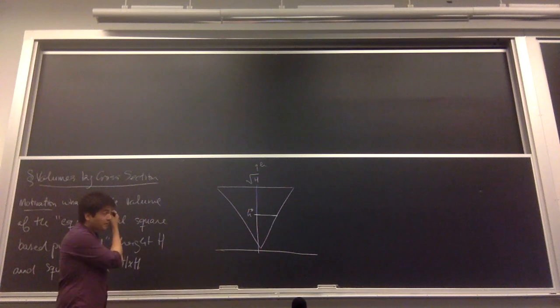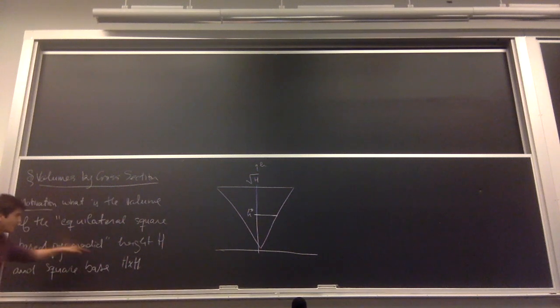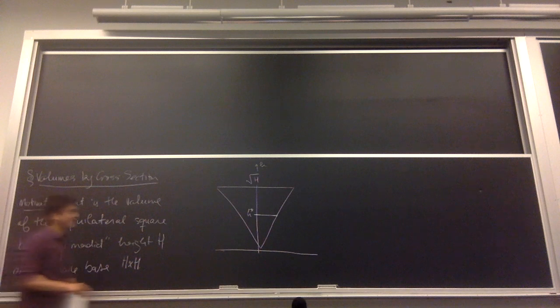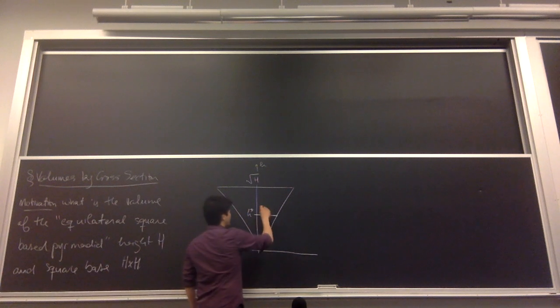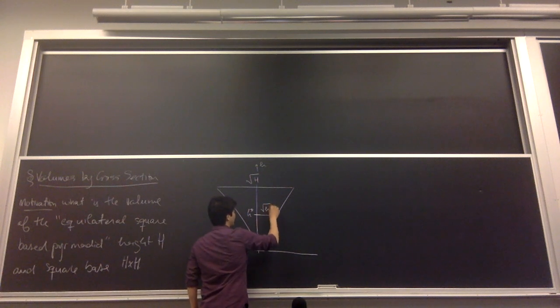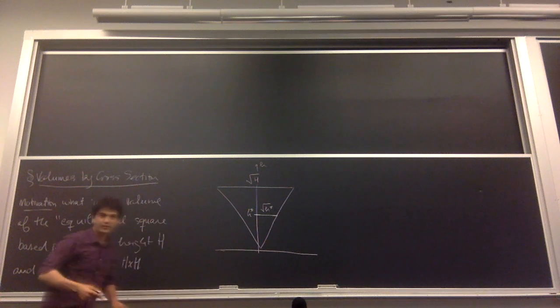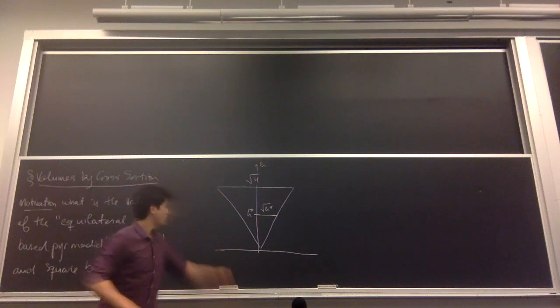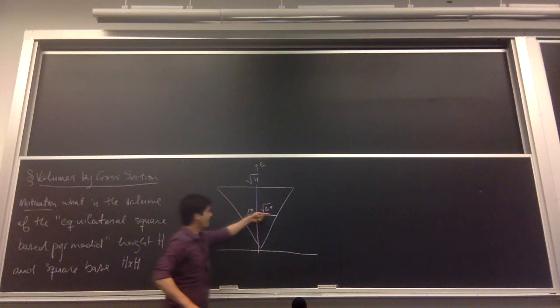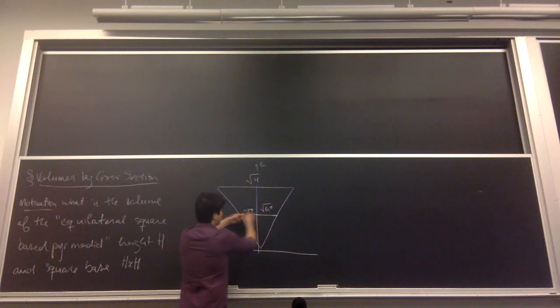So it turns out for these equilateral square-based pyramids that this length is going to be the square root of the height sample. So if we go up a little bit, that's the diagonal. That's the whole width here.